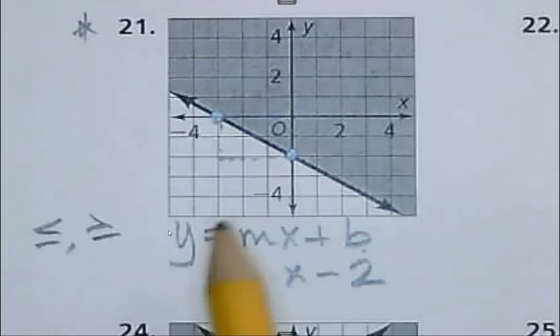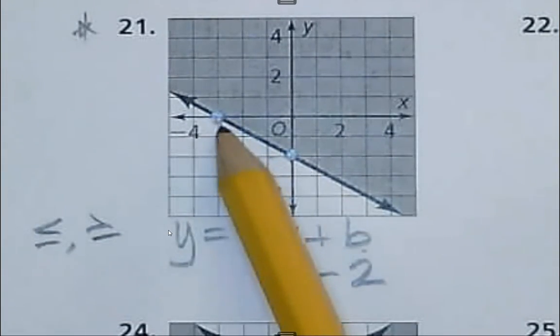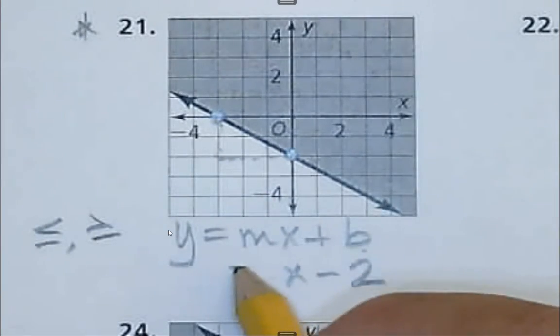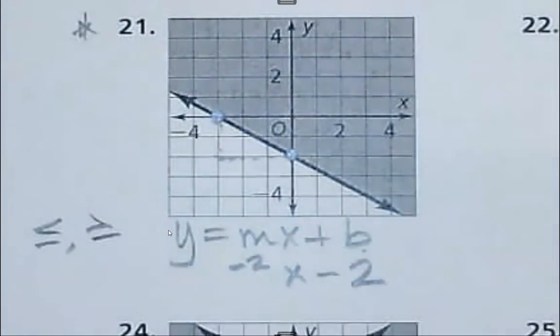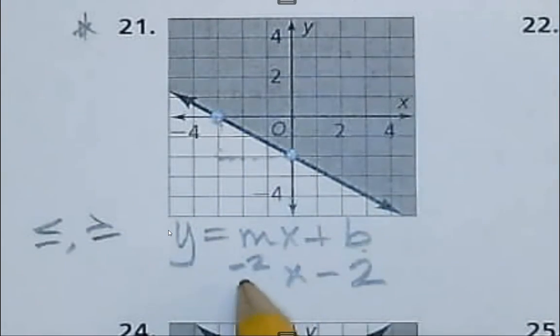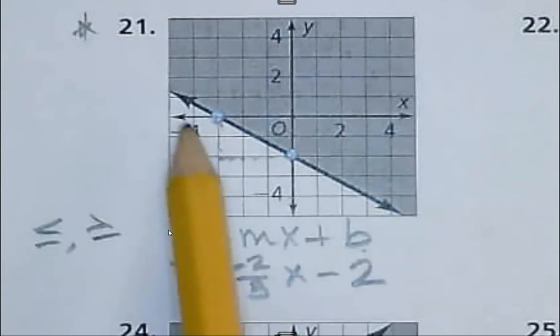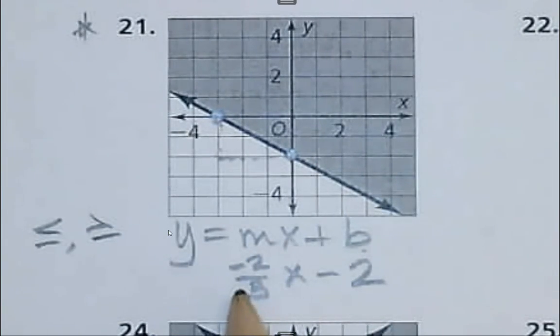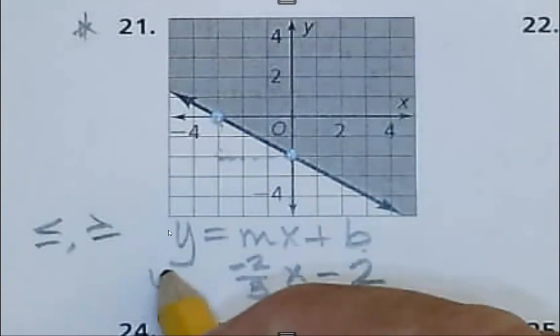So let's figure out how far we go down. We actually go down 2. So down 2 would be -2. And then we go to the right, 1, 2, 3. So we go to the right, 3. And this makes sense because this graph from left to right is going downhill. So it's a negative slope. So -2/3 x minus 2. We know that the y is going to be here as well.